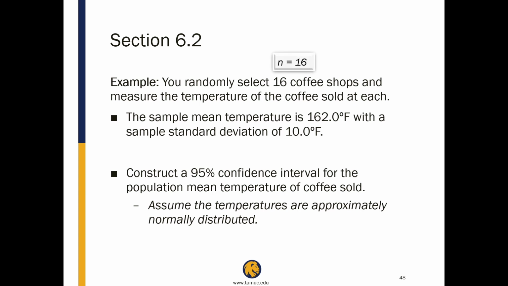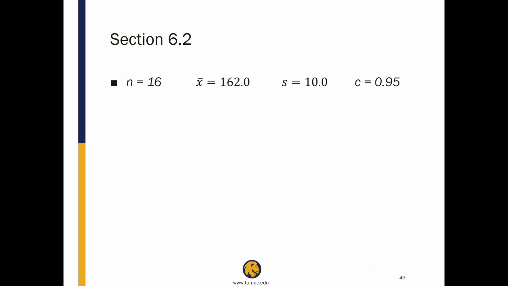So our first number is our sample size, n is equal to 16. Our sample mean, x bar, is equal to 162. Our sample standard deviation, s, is equal to 10. And our confidence level, lowercase c, is equal to 0.95. So putting this all together, we have these values.